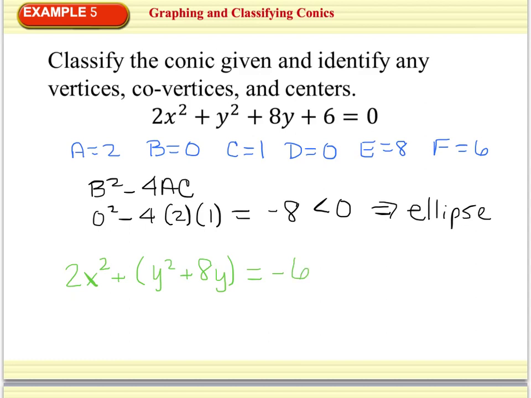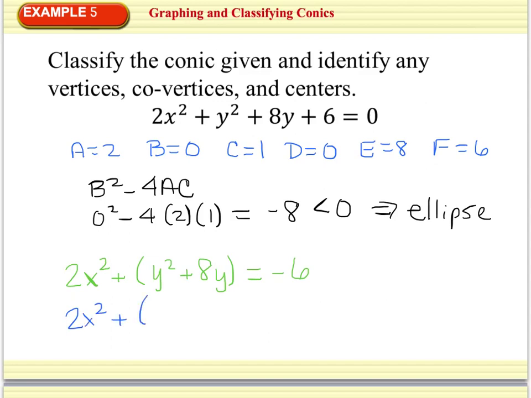And I need to come up with a format where I have something squared with the y terms, something squared with the x terms, and to do that, I have to complete the square. Now, I don't have anything to complete the square with on my x terms, so this is going to stay 2x squared.